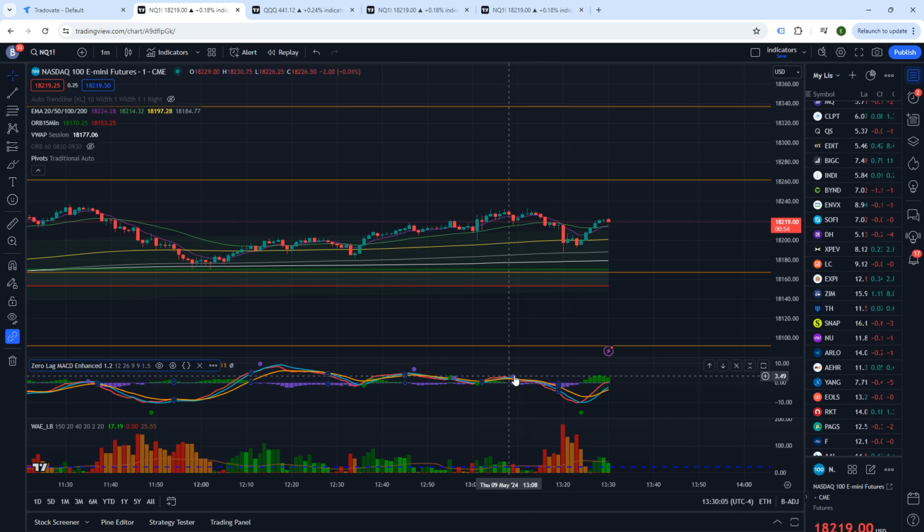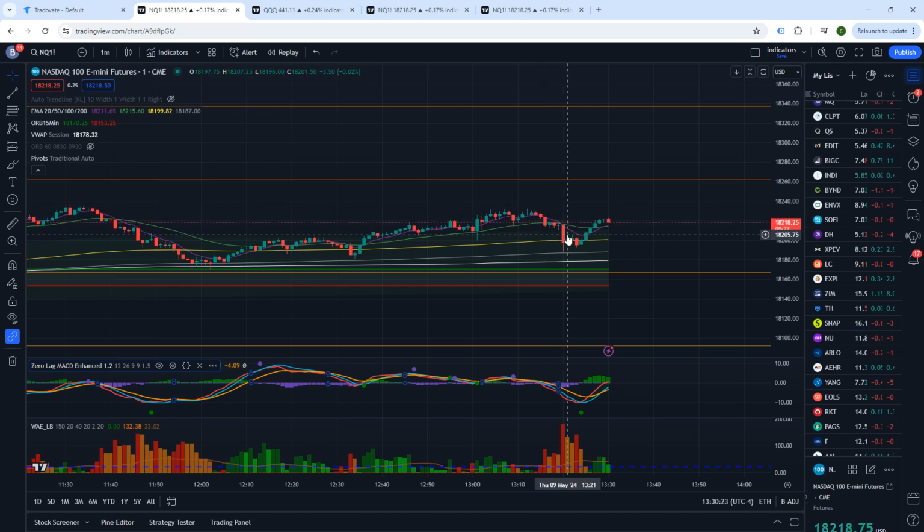This never turned green. It was still like a sell side. So I just didn't play the breakout, and it saved me from some bad trades.